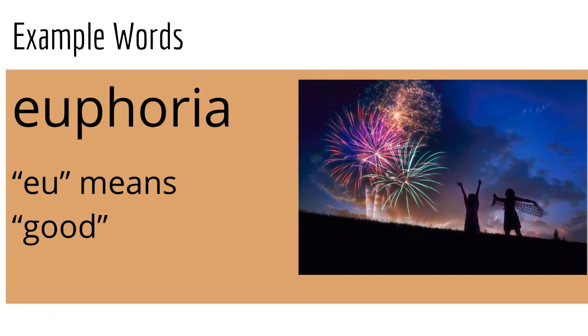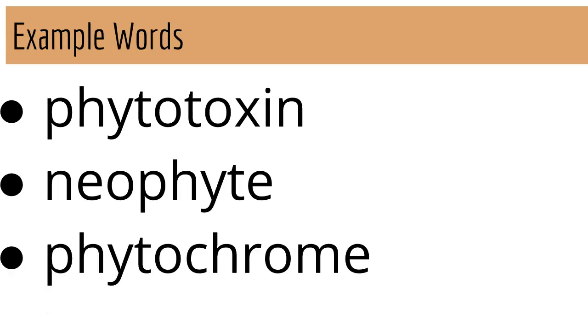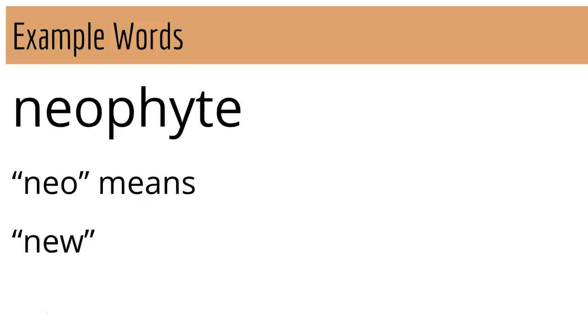They're filled with euphoria. Our next stem is phyte. Phyte means plant. This is a word that we see in things like phytotoxin, neophyte, and phytochrome. We're going to talk about the word neophyte. Neo is a different stem. It means new. So what we're really talking about is a new plant.